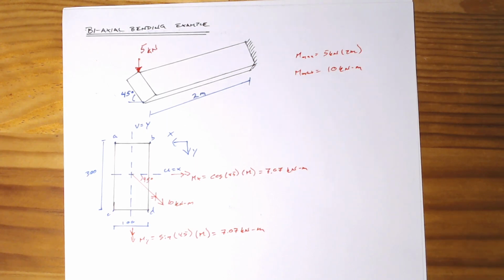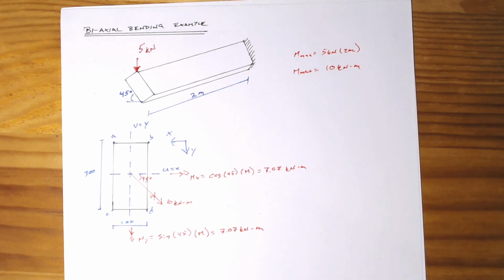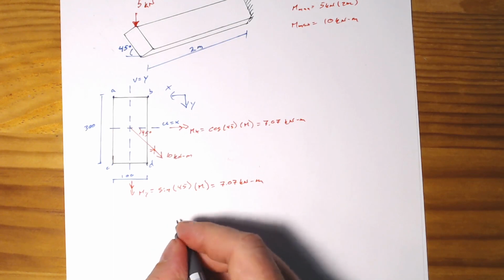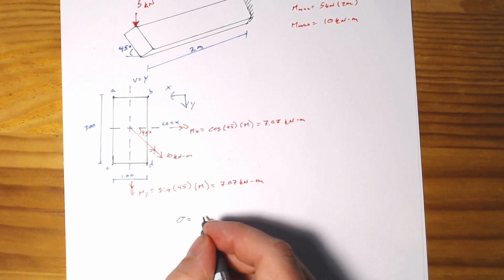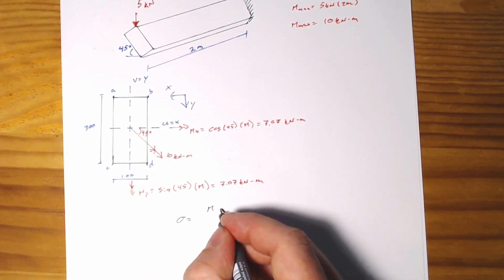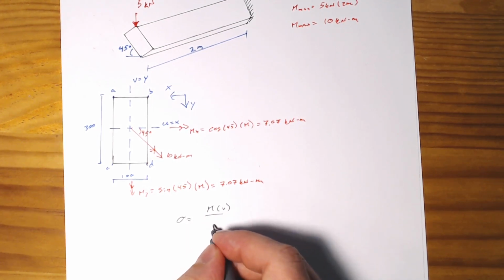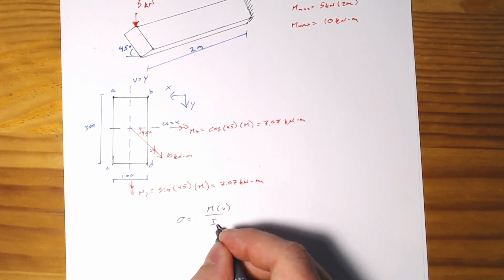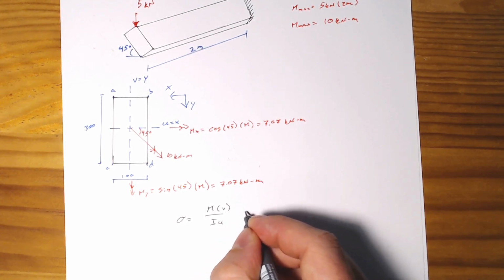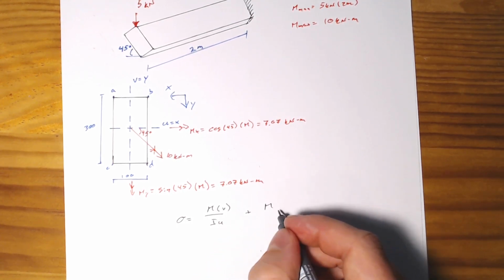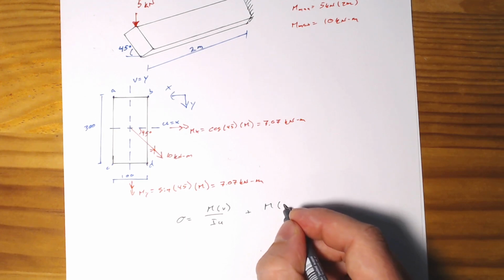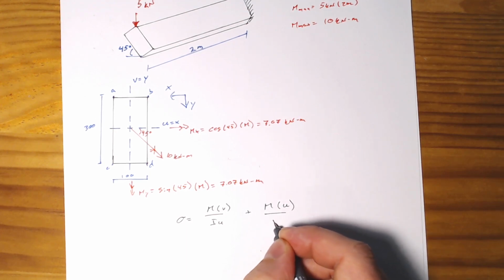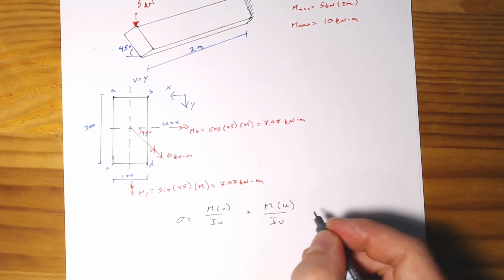In order to determine our bending stress, we can just use superposition, where our stress is simply going to equal Mu times V over Iu plus Mv times U over Iv.